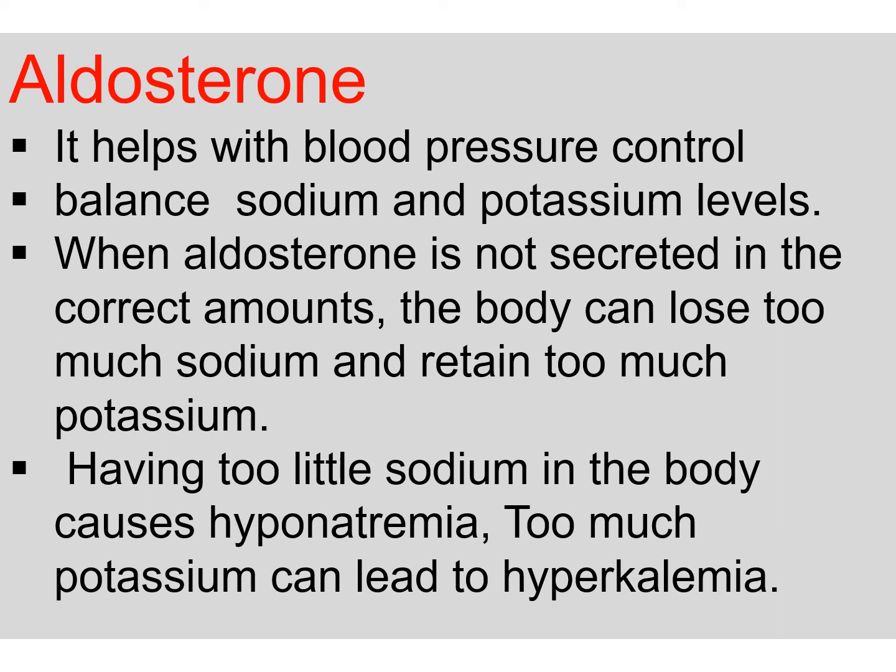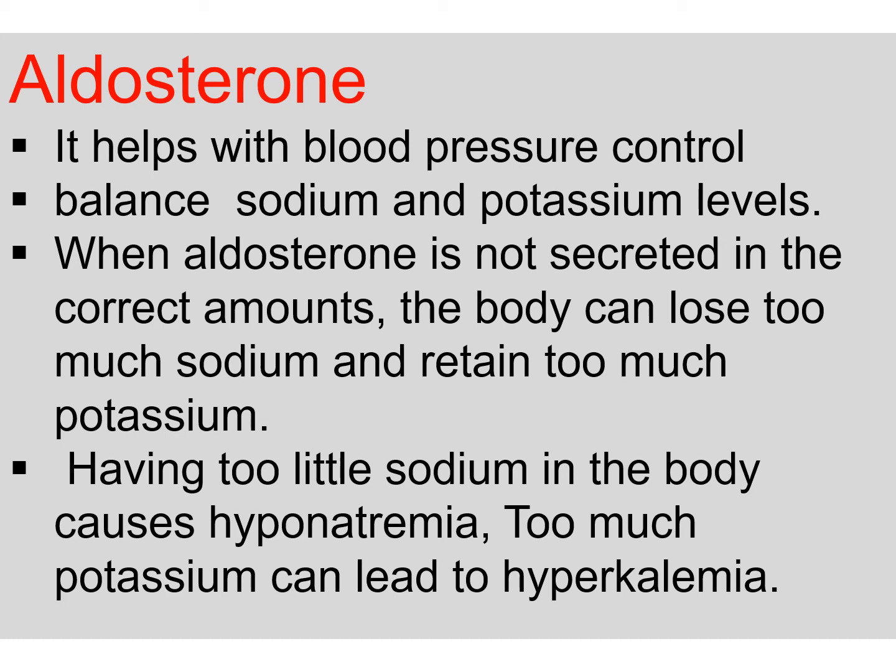When aldosterone is not secreted in the correct or normal amounts, what does the body experience? The body loses too much sodium and retains too much potassium. Having too little sodium in the body causes hyponatremia, and too much potassium leads to hyperkalemia.